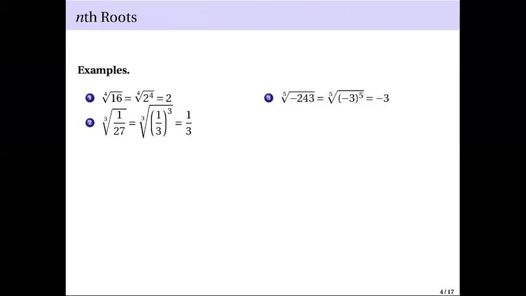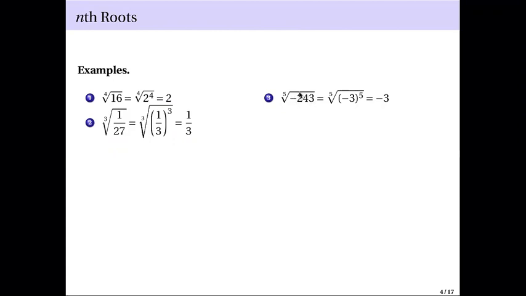Next problem here. You have the fifth root of negative 243. This negative 243, you can write it as negative 3 raised to the power 5. So if you get the fifth root of this, it is equal to negative 3. And as you can see, you now get a negative number.